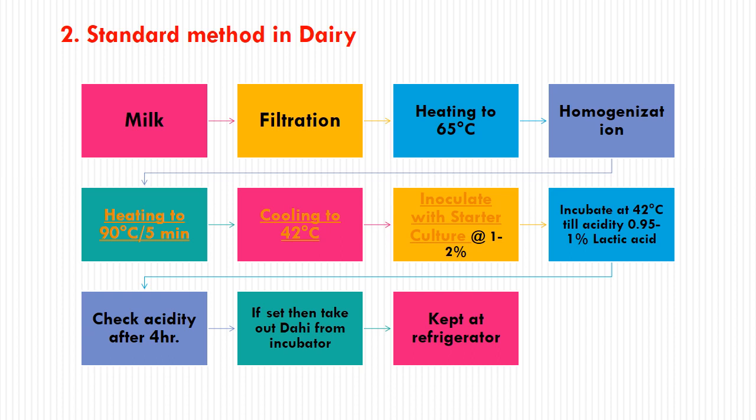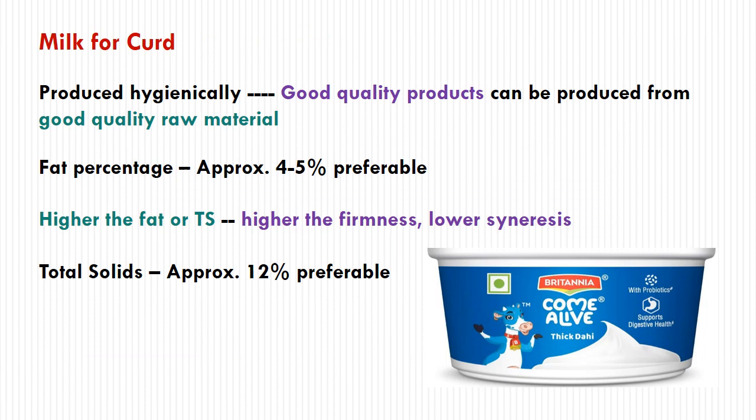This will give better setting and stop further growth of the culture, and there will be no further souring. So this is the brief procedure or steps for curd making in a scientific way, in the dairy plant. Here we will discuss a little more detail about the milk for curd.